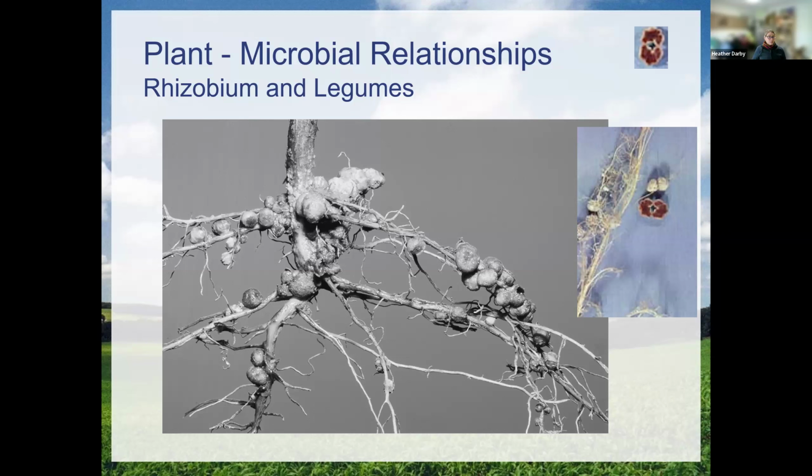Now, if you want to maximize that relationship, you're going to want to manage how much nitrogen you're putting on those fields. So when we have mixed stands of legumes and grasses, we have to be really careful about how we manage fertility in those stands, especially if we want to have those legumes there making nitrogen.